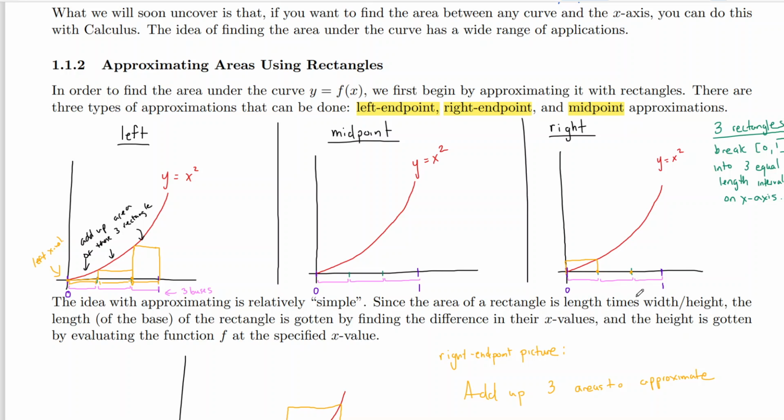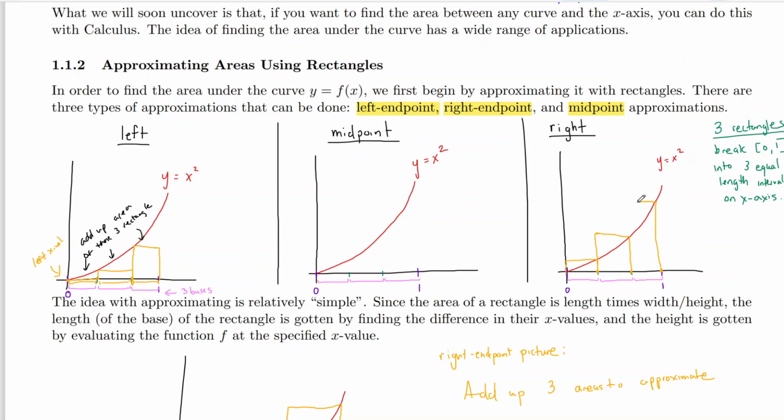We draw a line straight up until we hit the curve. Then we go to the left until we get to this x value. And if it helps to mark this one off, you can just draw this line up here, and that's supposed to be flat. So that's another rectangle. And then for the final one, rectangle 3, the rightmost x value is at x equals 1. And we draw this all the way straight up.